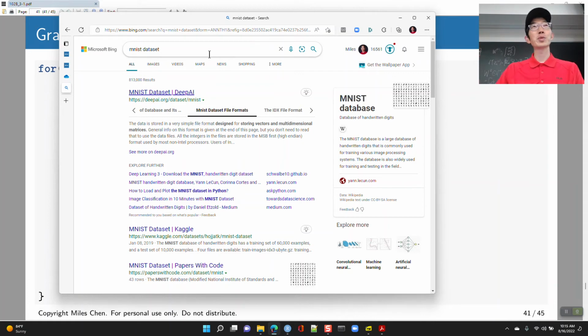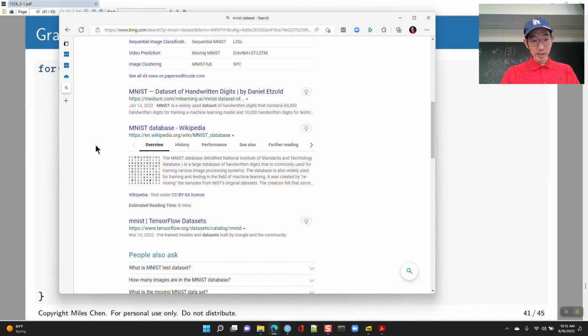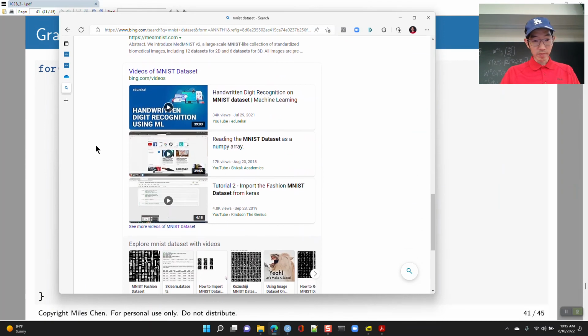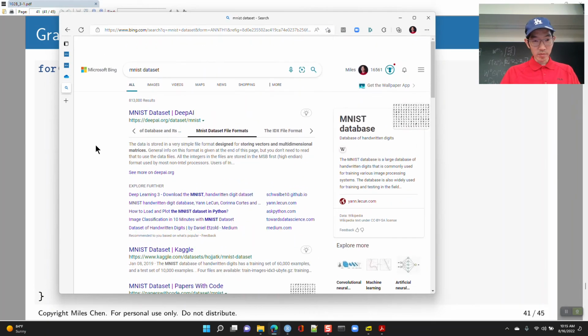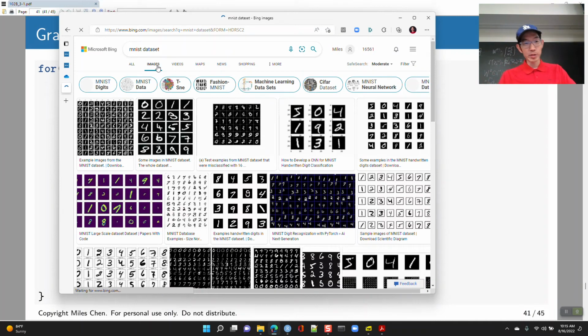So just one of you? Okay. All right. Well, the Mnist data set is kind of this very, very popular and very famous and useful data set.